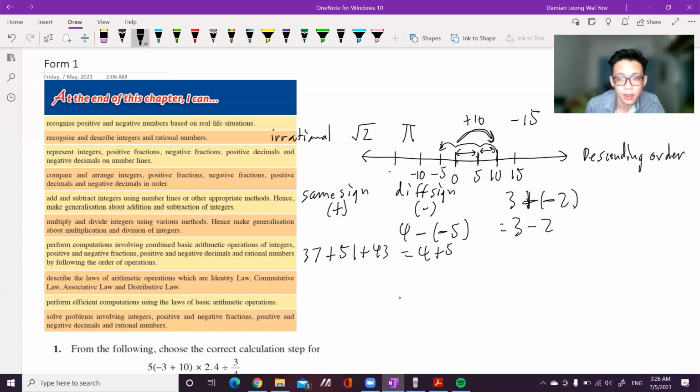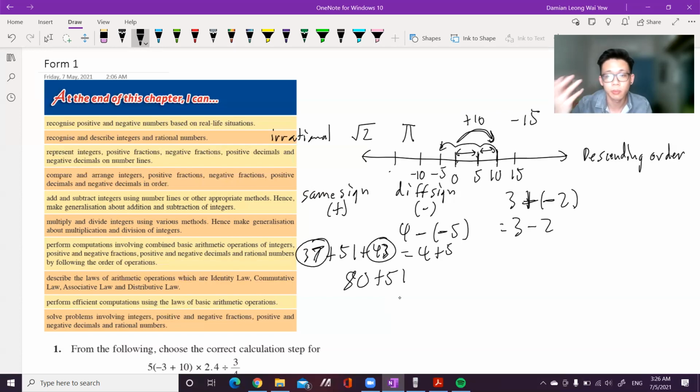This one ends with 7, this one ends with 3, so it's easier to plus these two together first. Together they make 80, and 80 plus 51 is easy to count. It will be 131. So that's an example of how we can use laws of arithmetic operation to make calculation easier, which is what performing efficient computation using laws of basic arithmetic operation means.